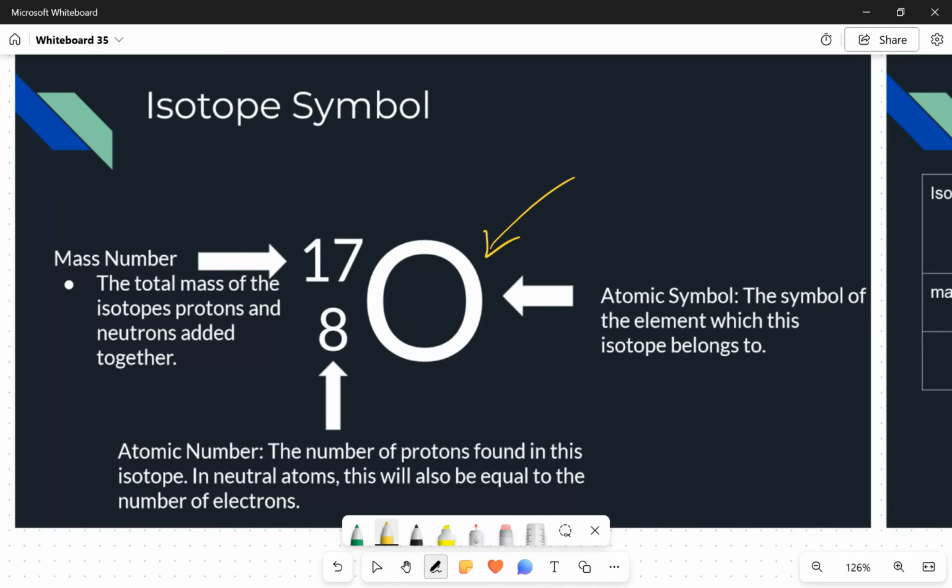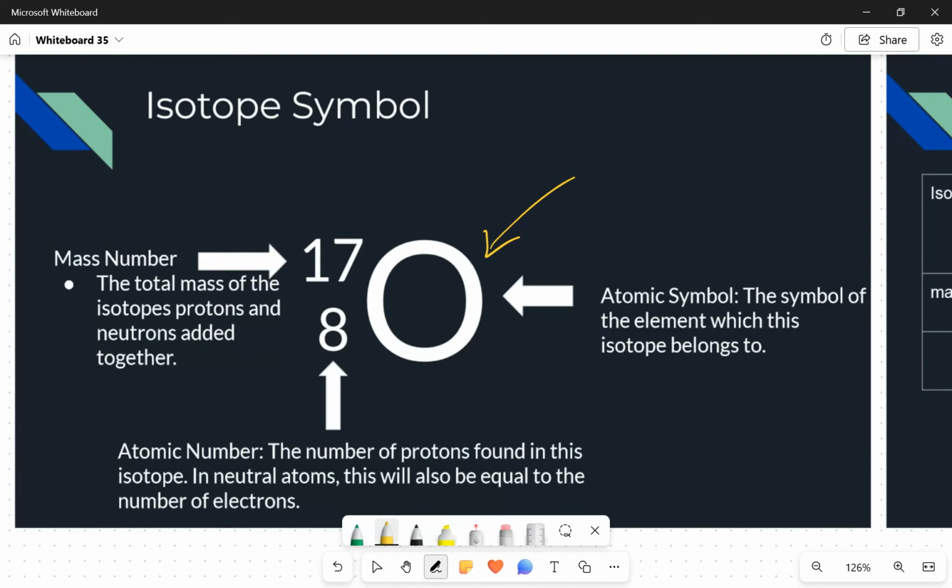In the bottom left-hand position of the atomic symbol, we have an 8. And this 8 is the atomic number. The atomic number is the number of protons that you can find in this particular isotope. Now, the atomic number should match what's on the periodic table for oxygen.